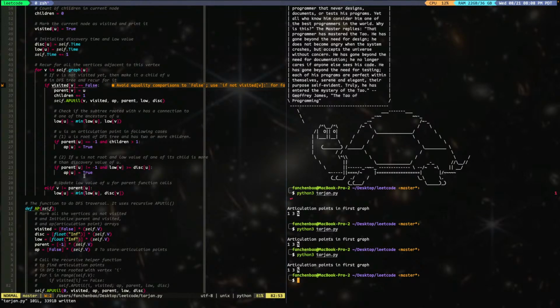What is low U anyway? Low U is low U and low V. So V is its children, right? And low I think it's some sort of minimum, some sort of minimum discovery time.